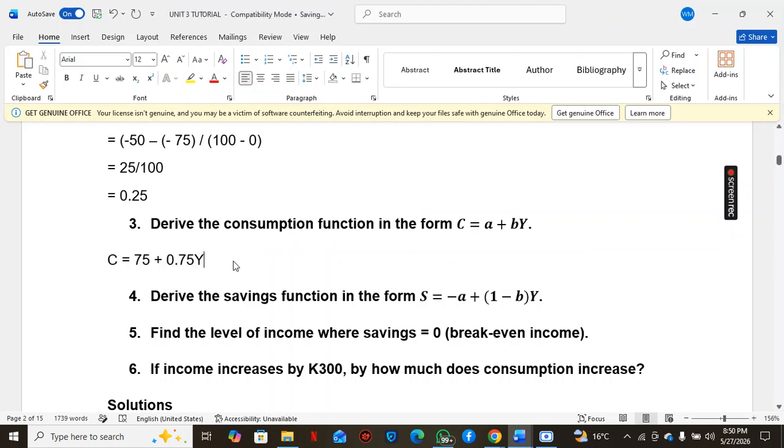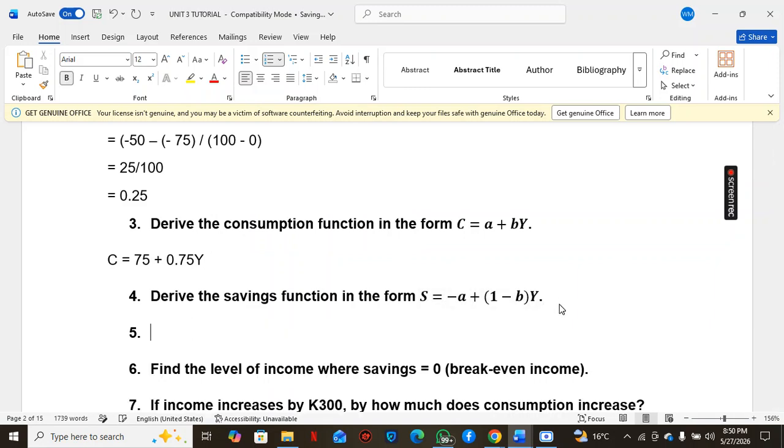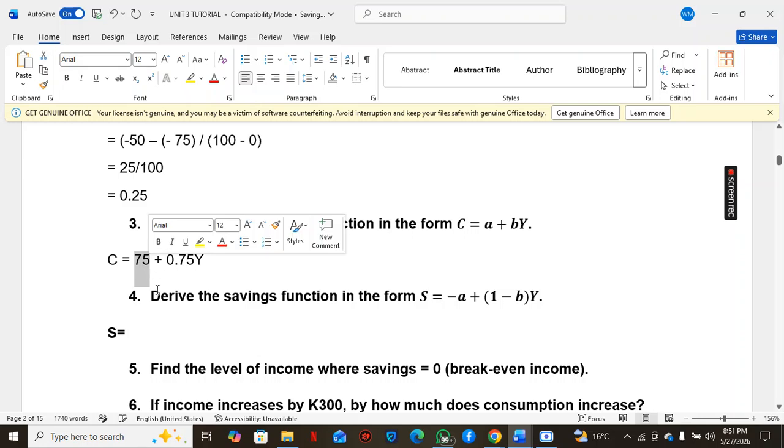Any questions? Remember, the consumption function shows the relationship between spending and income. Then they say derive the savings function in the form S equals negative A plus (1 minus B)Y. Once you have your consumption function, you can also get your savings function. Make this 75 negative, negative 75 plus.